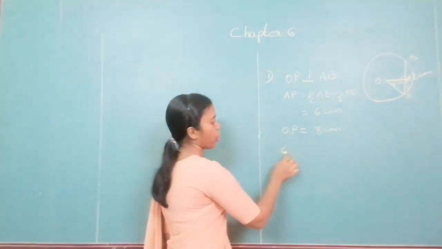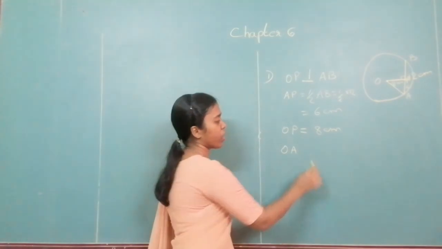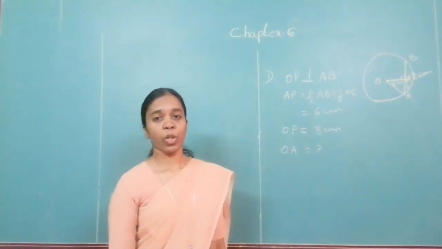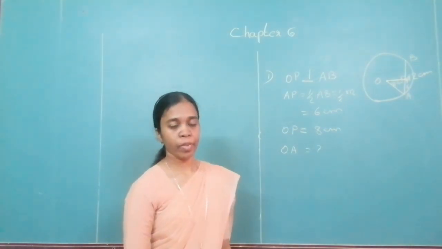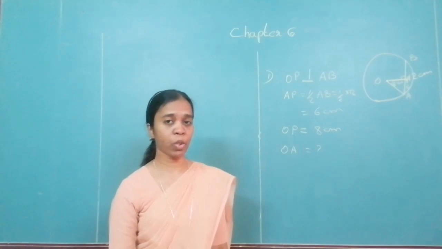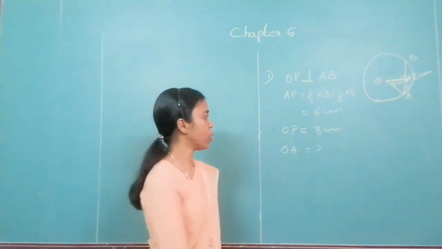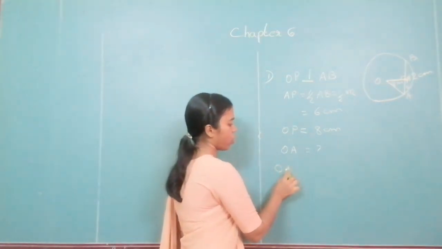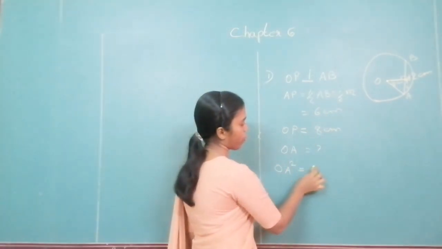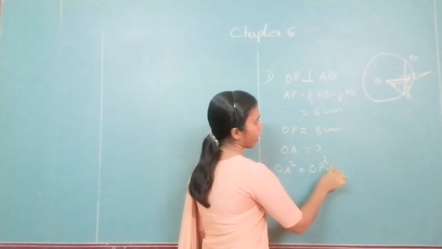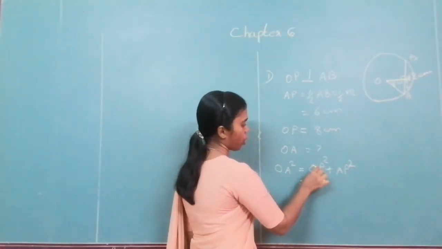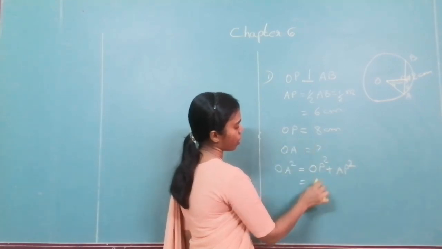Can you find OA? Of course, we have learned Pythagoras theorem in a right angle triangle. In a right angle triangle, hypotenuse square is equal to side 1 square plus side 2 square. So what do we get over here? OA square, that is the hypotenuse square, is equal to OP square plus AP square. That is equal to, how much is your OP? OP is equal to 8.